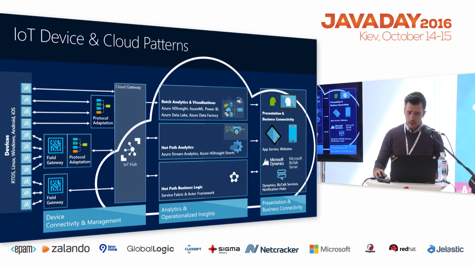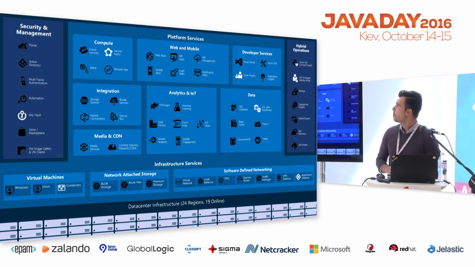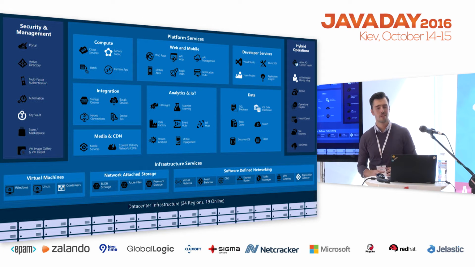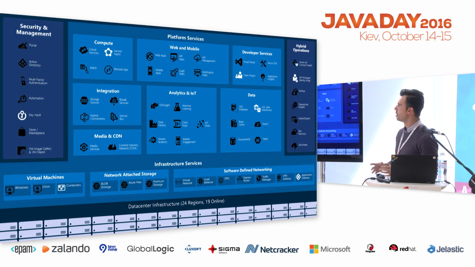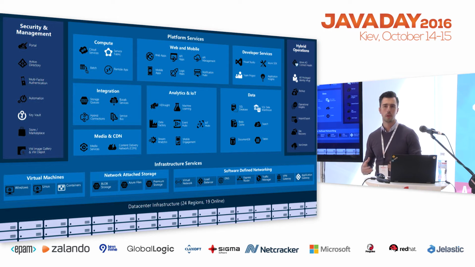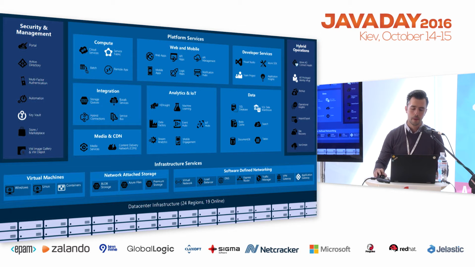So if you look at the Microsoft Azure portfolio, there's really a humongous number of services and technologies. If you want to get started with IoT, you would be wondering, what should I use and where should I start?